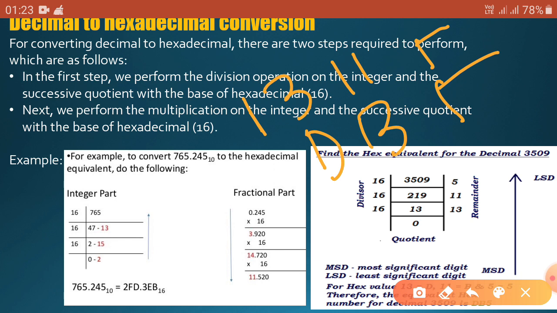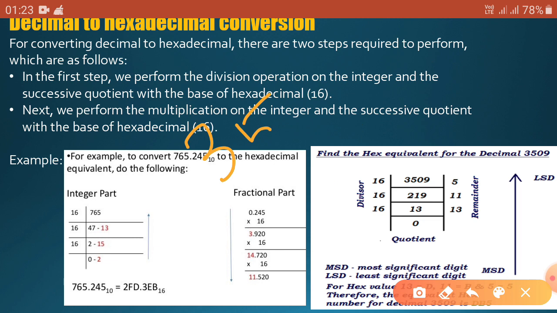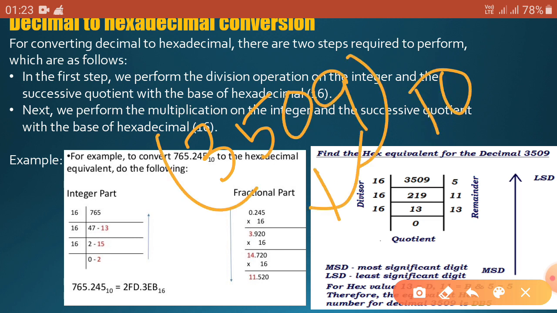Okay, got it? So 3509 in decimal gives us 13, 11, 5, that means D, B and 5 in the hexadecimal number system.